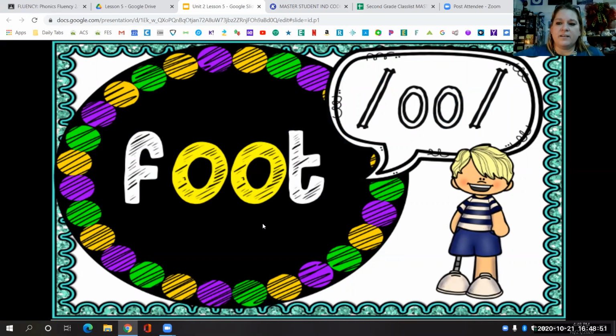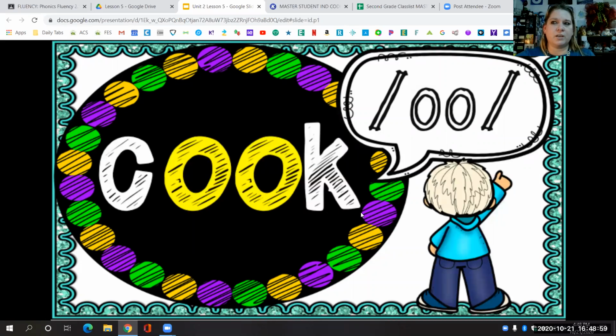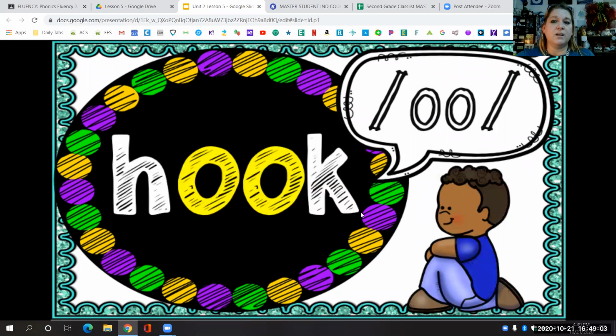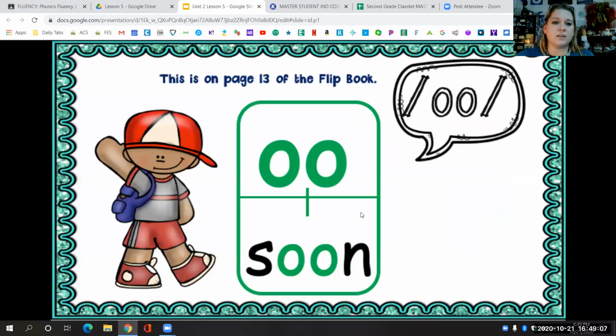We have the word foot, wood, cook, look, hook, took. All right, and so there, those two are in the wrong spot, aren't they? I need to fix that.